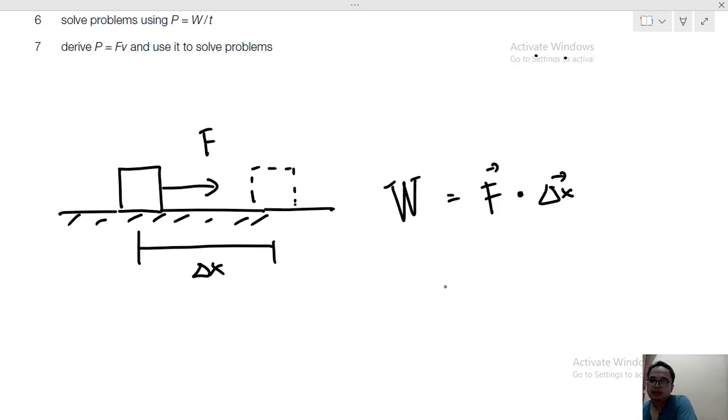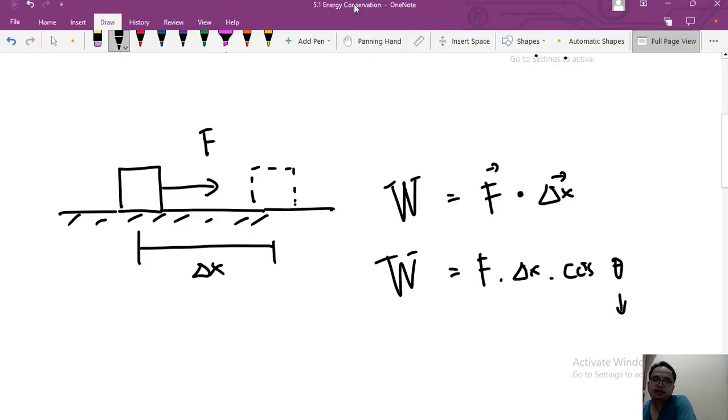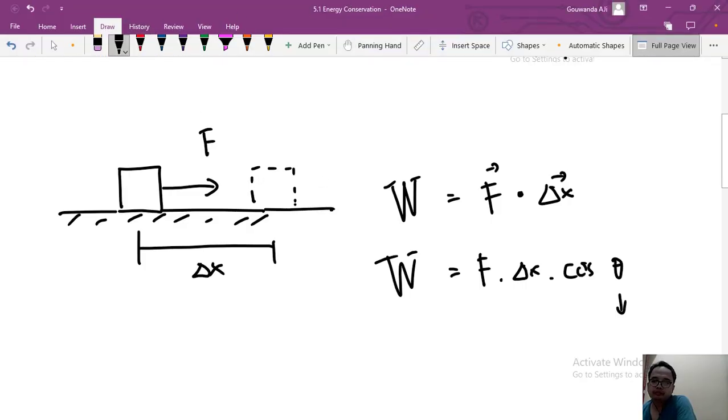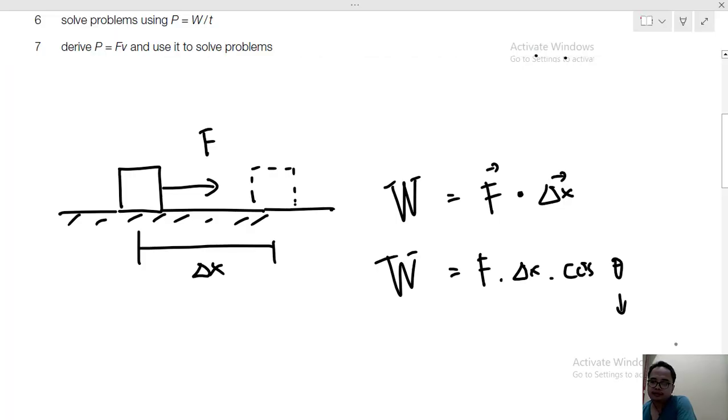Because it is a vector dot product, we can derive work equals F times delta x cosine theta, where theta is the angle between force and delta x.